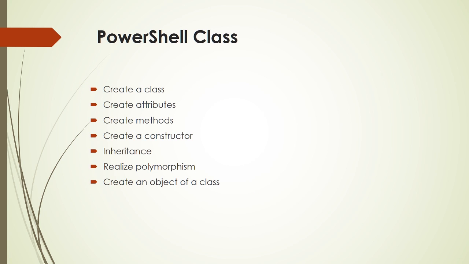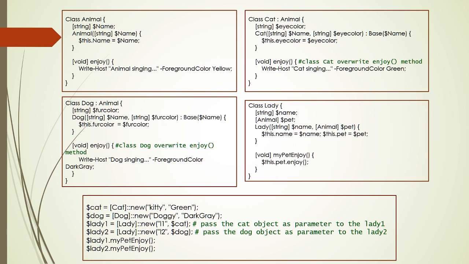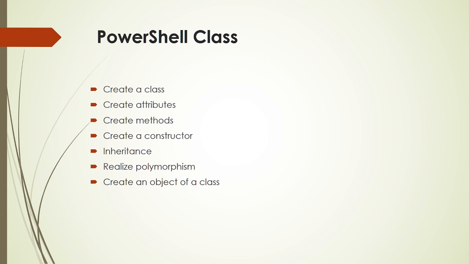Finally, I will introduce how to create a class and realize polymorphism in PowerShell. Here are the scripts. I create four classes, and Dog and Cat inherit from the Animal class. If you want to create a class, you need to create attributes and methods for the class.